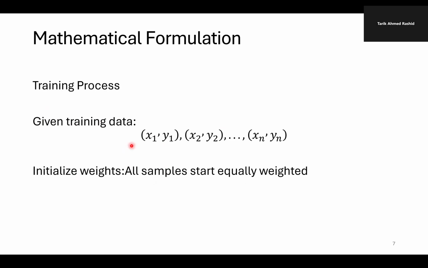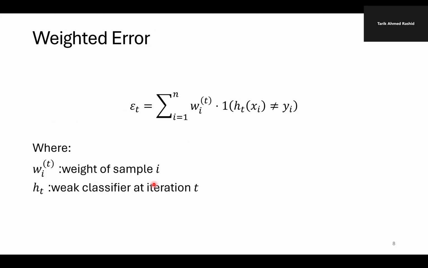If we are given a sample or dataset (x1, y1), (x2, y2) until (xn, yn), weights will be initialized from these samples, and the weighted error can be calculated through this.